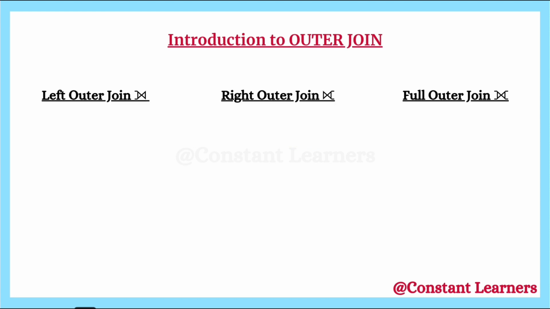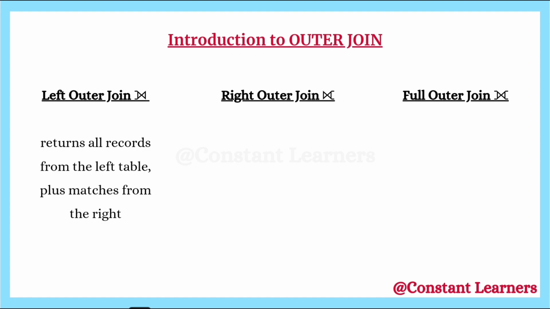Outer joins come in three main types: left outer join, right outer join and full outer join. Left outer join returns all records from left table. This is important. It returns all records from left table plus the matching records from the right table, whichever matches to the left table from the right table.